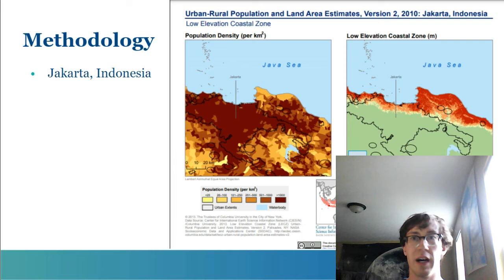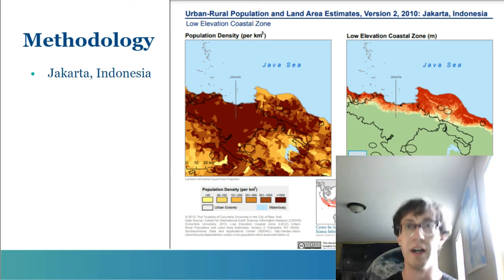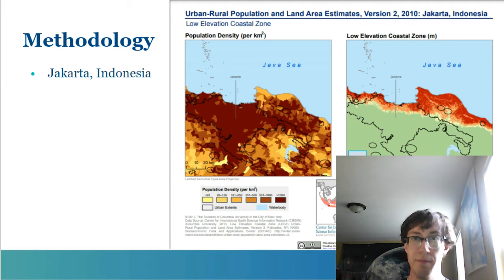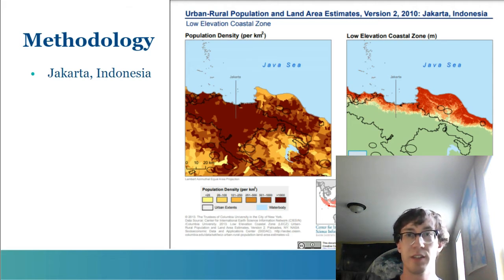Now to do this, I just got estimates, because the low elevation coastal zone maps, they're not super accurate. They only go from 0 to 3 meters as their elevation for their lowest range. And so to do this, I made these blocks of this is going to be a 20 square kilometer region.